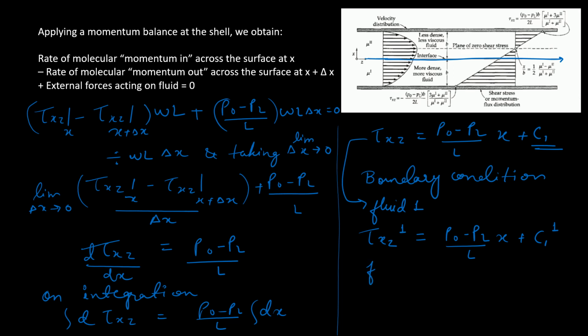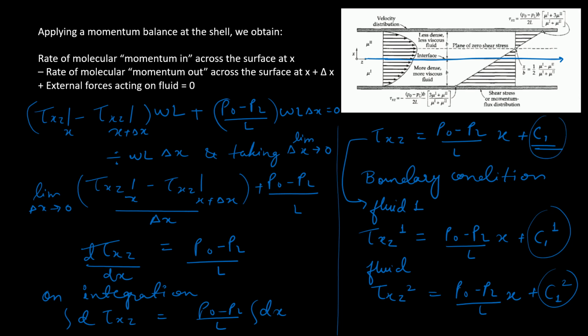And for fluid 2, this becomes tau xz2 equals (P naught minus PL) upon L x plus C1 raised to 2. Now this equals this.